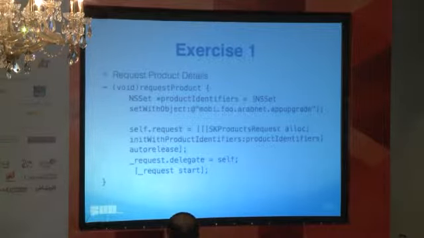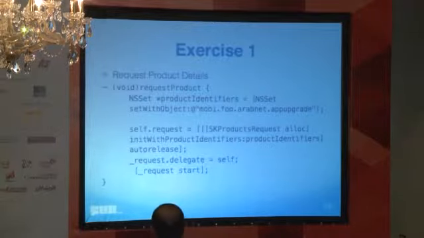For requesting the product, we're requesting the product with the ID that we've created before. We create our request with this product ID, we start the request, and we specify as the delegate our class that's supposed to receive the response.